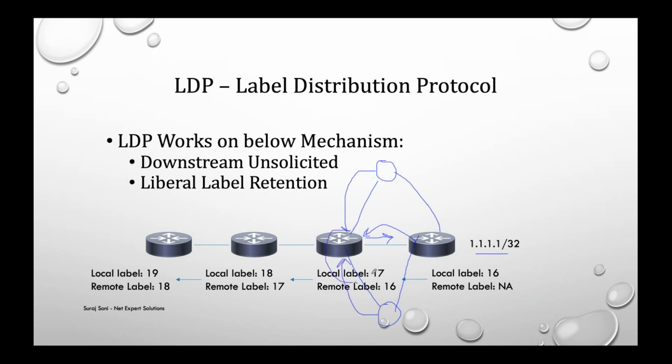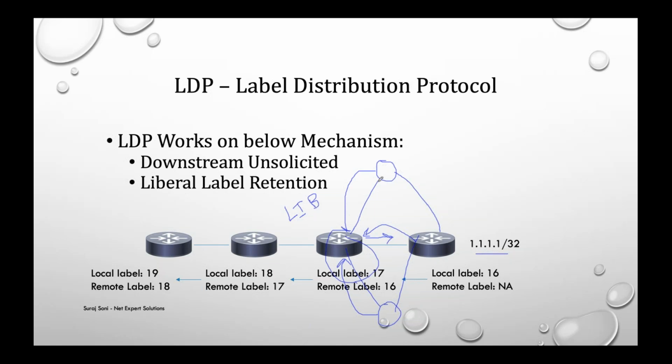So this router will keep all the labels in the label information base. It will not use them for forwarding, because which table are we using for forwarding? The table we are using for forwarding is the LFIB, but they are putting everything in the LIB. So he's saying, okay, I don't have a problem, send it to me. Everyone will send labels and all the labels will be put into the LIB.